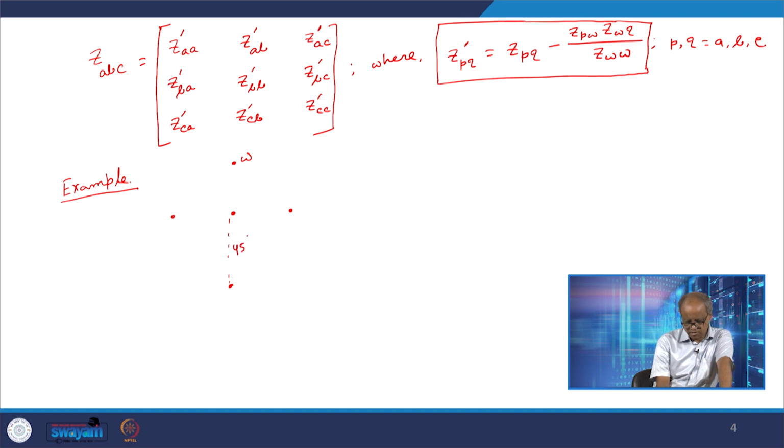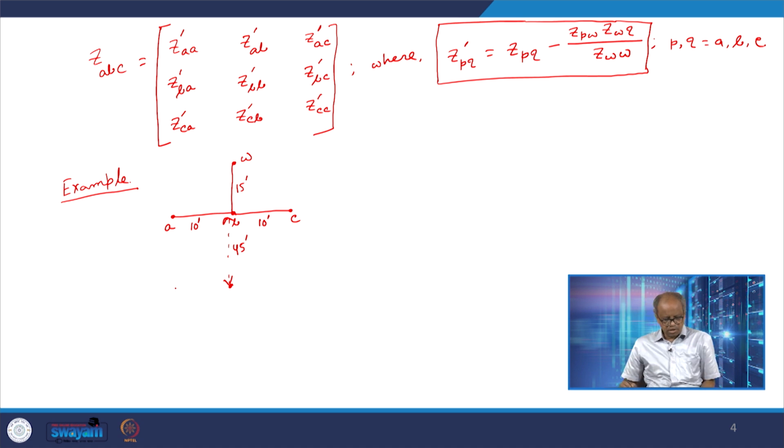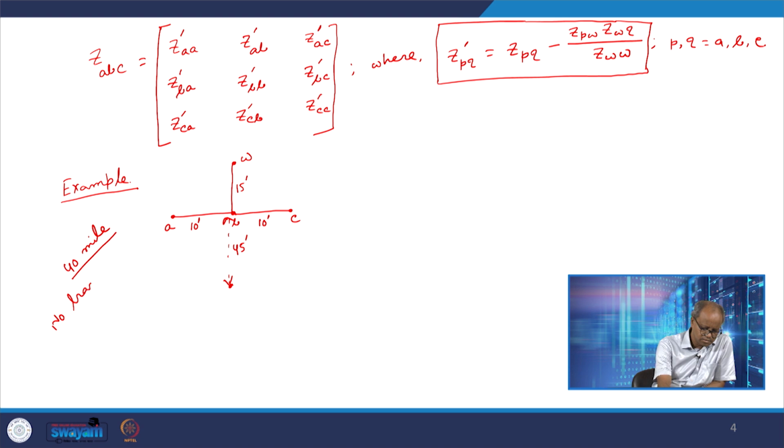We said that this is 45 feet, and this is A, B, C, all this stuff we have said, and this is 15 feet, this is 10 feet, this is 10 feet, and the length is as usual 40 mile, and we are not considering any transposition.